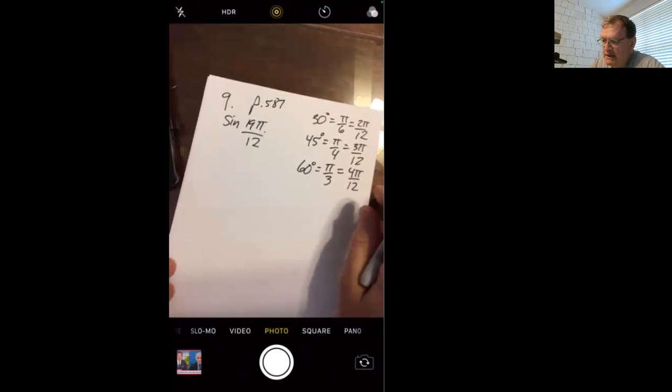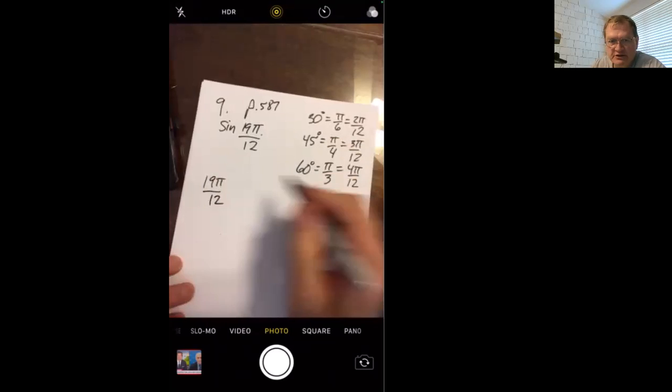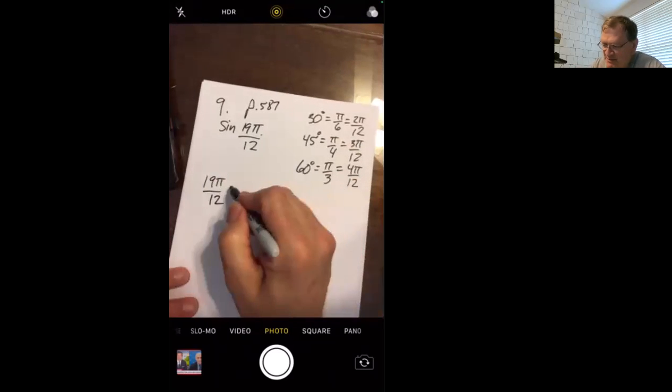Now I'm trying to think how to get 19 pi over 12. Just directly adding them won't do it. Trying to think. Well, maybe I should try it this way. You got to just play around.